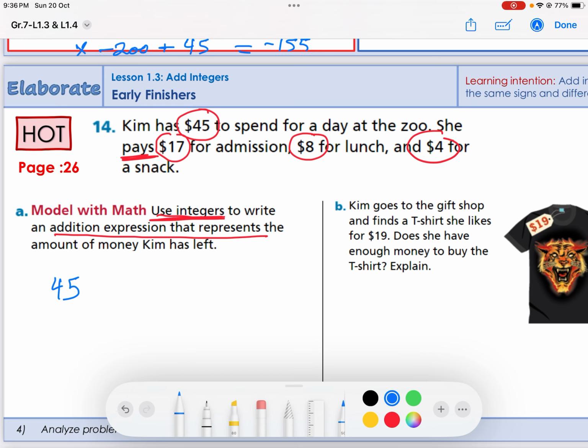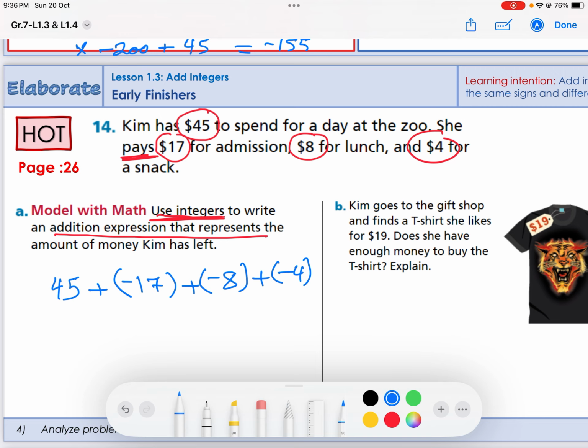It means that 17 will be negative. She spent it on admission. Plus, she also spent negative $8 on lunch, and finally, negative $4 on a snack. And that will be my addition expression for this question. So this is how you write an addition expression. Just follow the keywords.